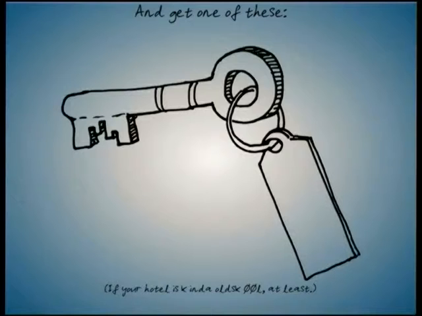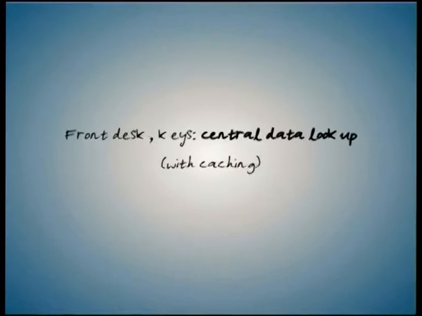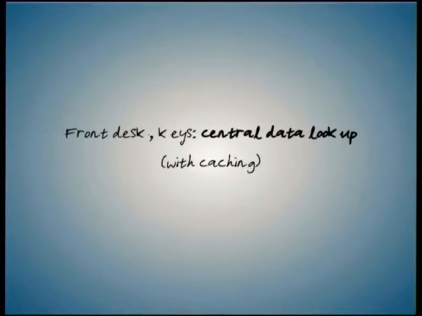So in terms of a data lookup, as in I need to figure out where the piece of data is to be stored, what that is in fact is essentially a central database lookup, with an optimization, which is that they're actually telling me where my room is and I can memorize it, so we've just cached the lookup.